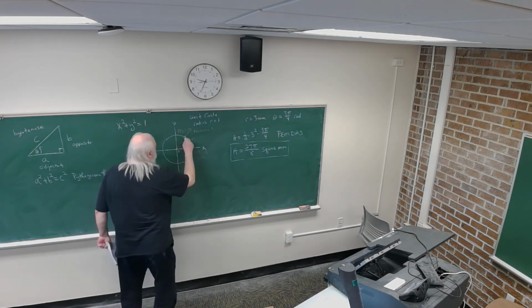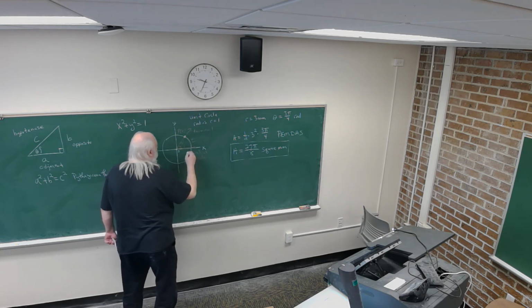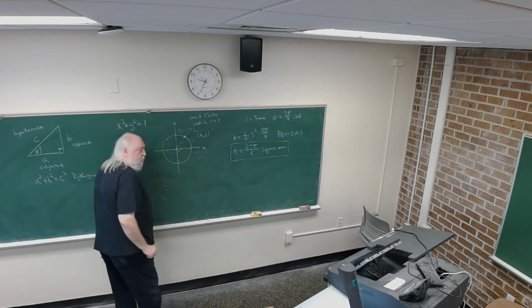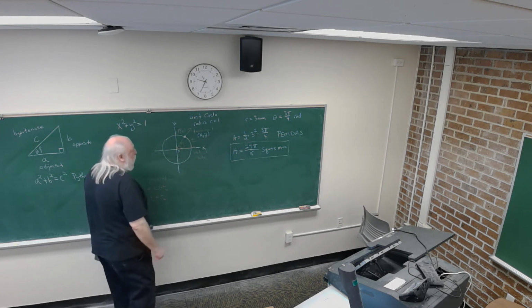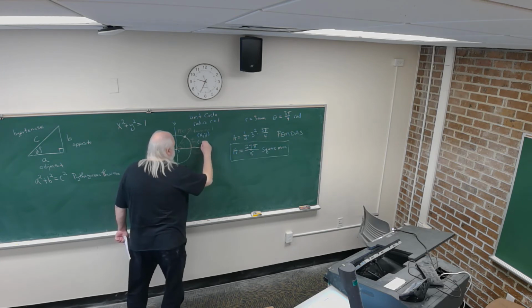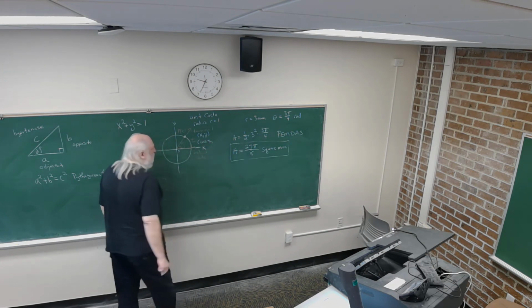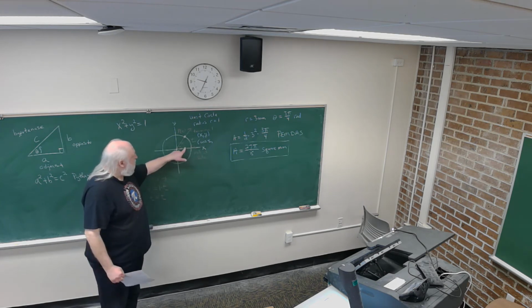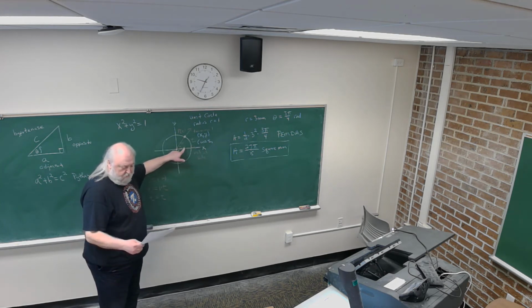Well, this point P of t here has an x coordinate and it has a y coordinate. The x coordinate we call the cosine of the angle t.